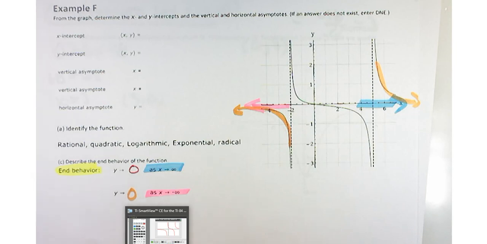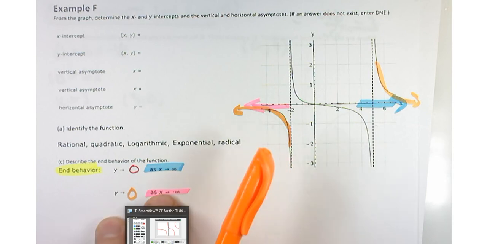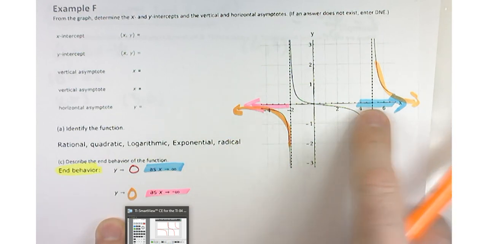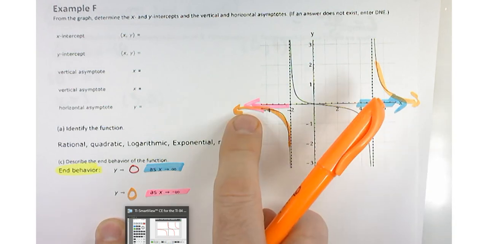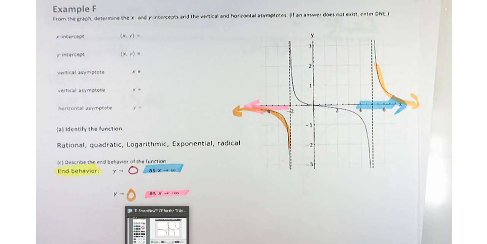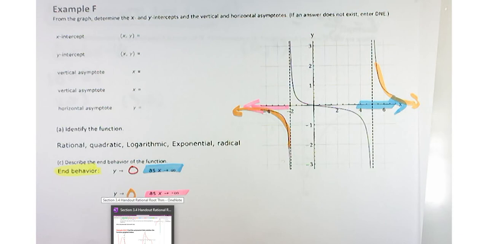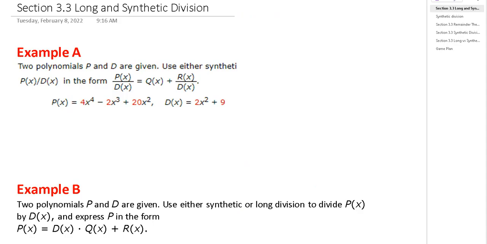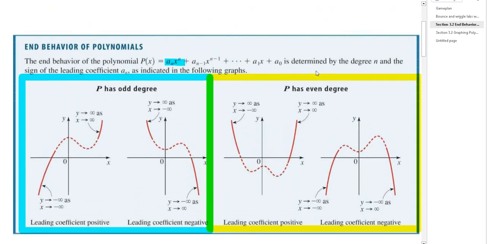So there are other types of, these are called limits that you could look at. But we're just worried about the end behavior, which is what happens when x approaches positive or negative infinity. What's happening to the y's? We saw a lot of that when we looked at the end behavior of our polynomials back in section 3.2.